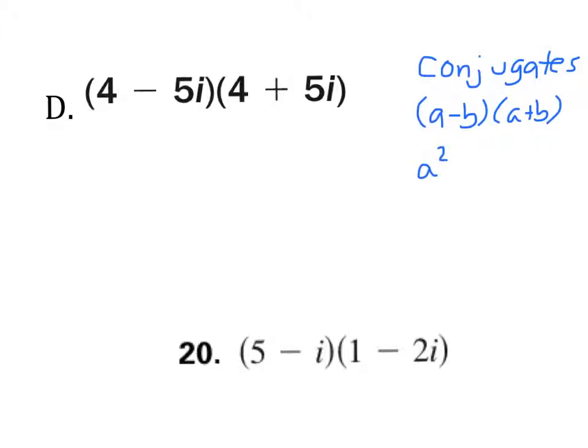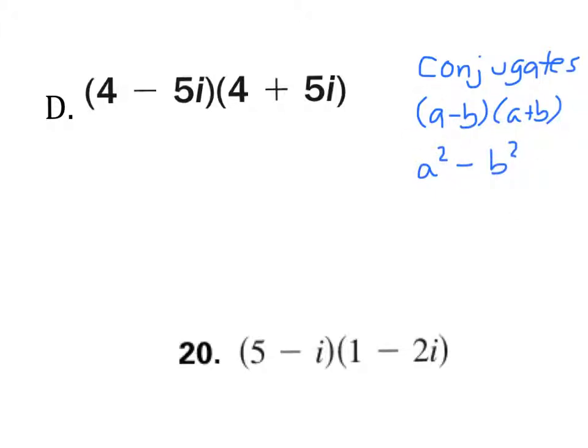And all we have to do is square the first term, subtract, square the second term. And that's it. You can do FOIL. You can do double distribution if you like to torture yourself. But rather, let's be efficient with our time and use that.